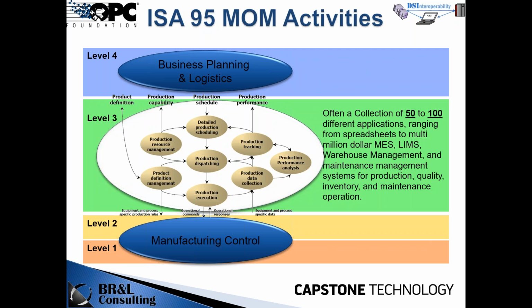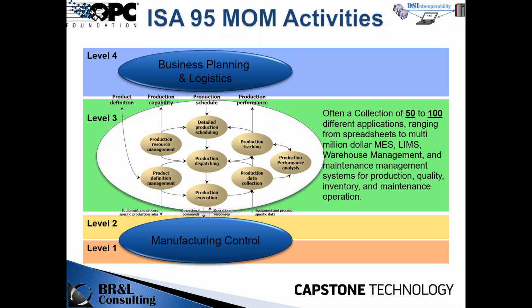Now, what ISA95 does is define the interfaces between these different levels, between level 4 and level 3, and within level 3, because in level 3 there may be 50 to 100 different applications in any given facility, ranging from spreadsheets to multi-million-dollar MES systems and laboratory information management systems. With all of those systems in place, there's obviously a lot of communication and integration that has to go on.